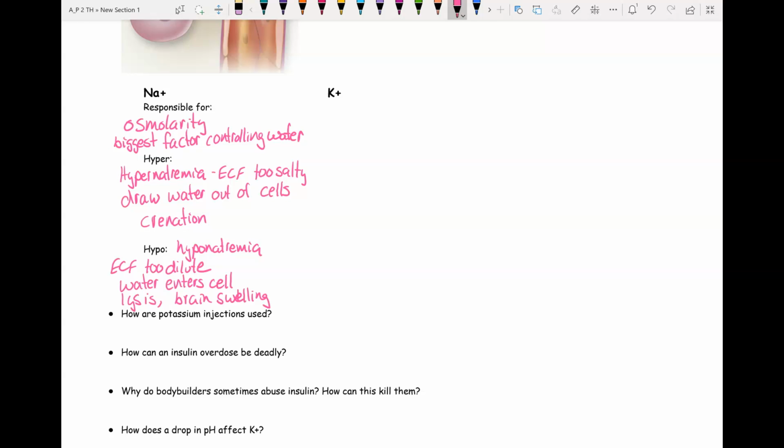If we look at potassium, potassium has several responsibilities. One of the main ones is to repolarize your heart so that it can beat again. So think back to chapter 19.